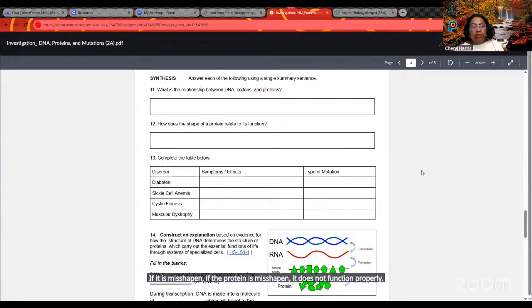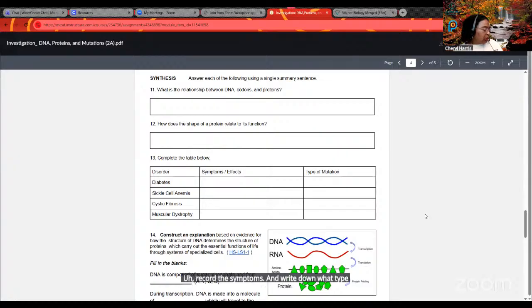Simple as that. This one I'm going to let you fill in. I told you to just keep track of all of these as we went down. So pop back up to the worksheet, record the symptoms, and write down what type.